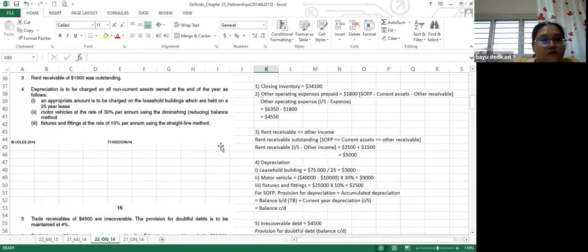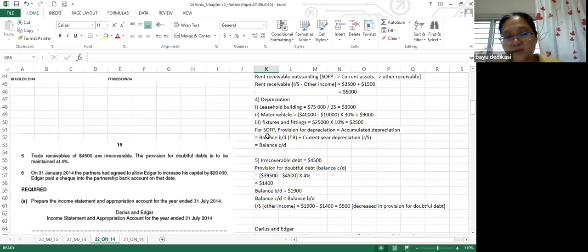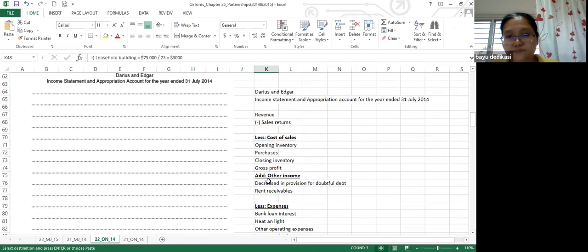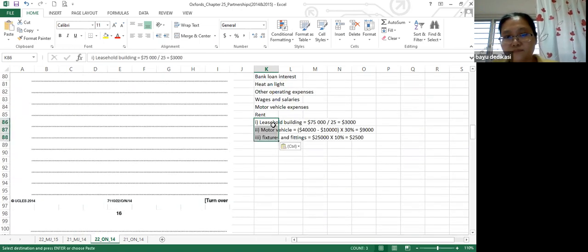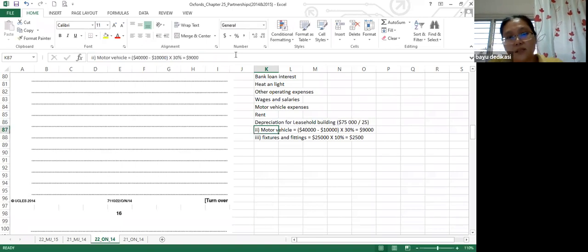Okay, what else? The information, depreciation. So this depreciation, you have 3 depreciation. Depreciation for leasehold. Remember, don't put the provision, don't write provision into this. Just write depreciation.